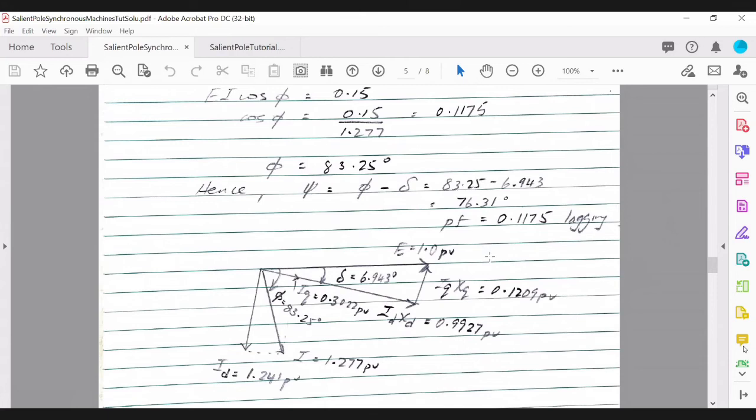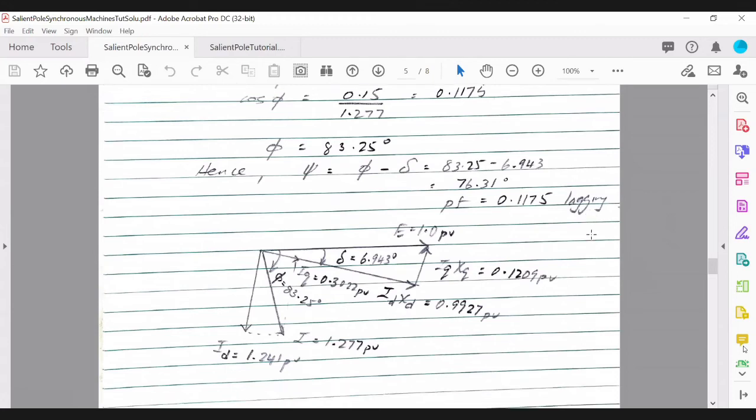Okay, so taking the angle there, which is 83.25, we can use that to determine that the motor is operating at a power factor of 0.175 in lagging mode, right?